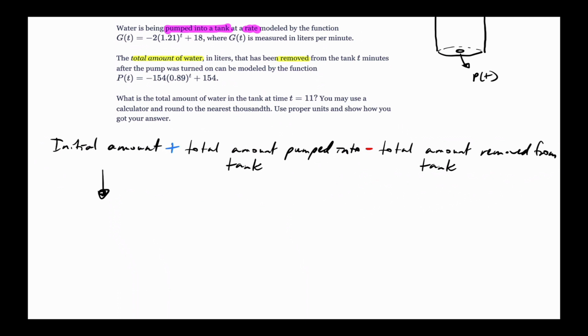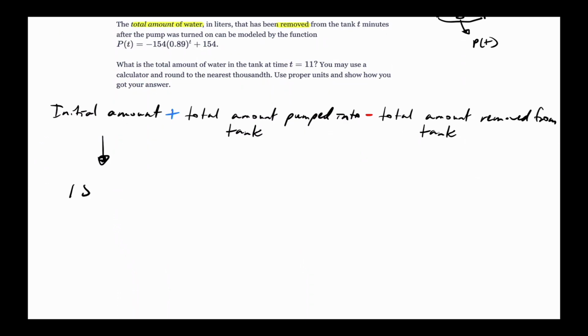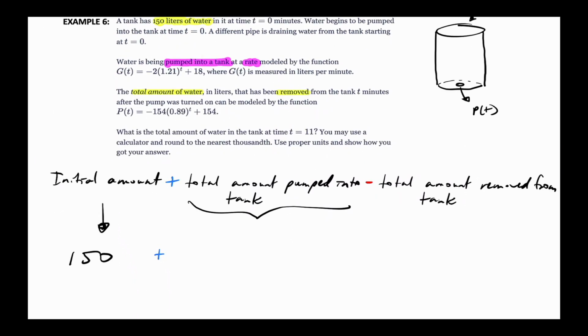We know the initial amount. It told me 150 milliliters. How do I figure out the total amount pumped into the tank? Integrate G of t. Why? Because G of t is a rate.